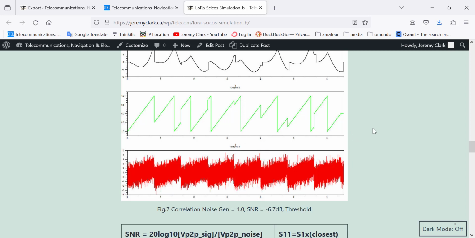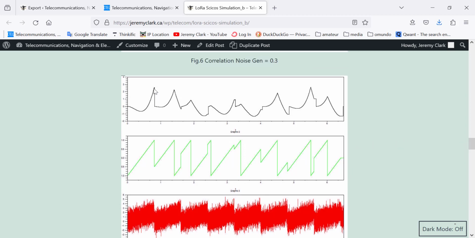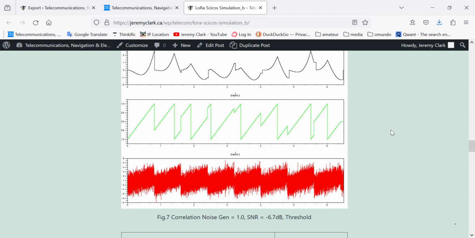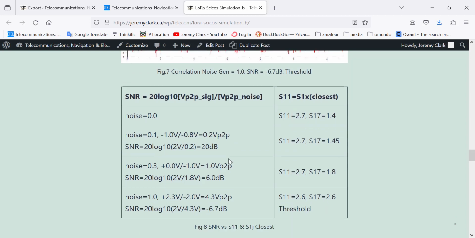At around minus 7 dB, what happens is that you can't say that symbol 1 was sent. You're going to make a mistake for sure. So that's the threshold. So we can say that around minus 7 dB, you're going to start to take a lot of errors. Okay, so that's what I've summarized in this table here. There's noise at 0.0 all the way up to 1.0. So we're saying around minus 7 dB, you can't use it.